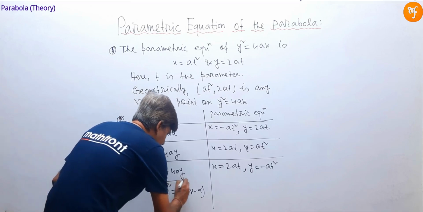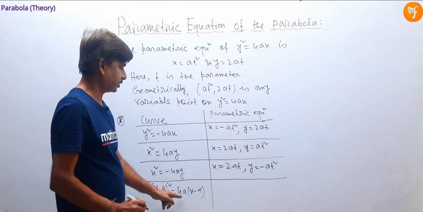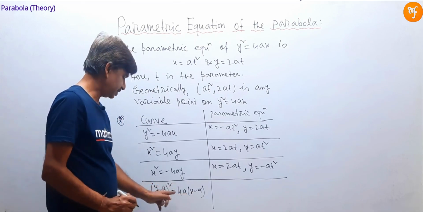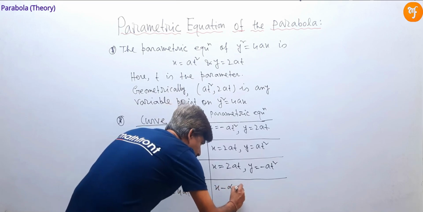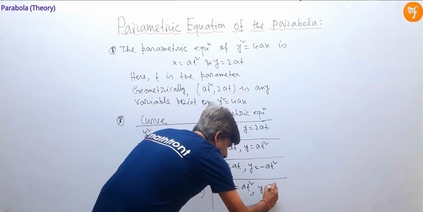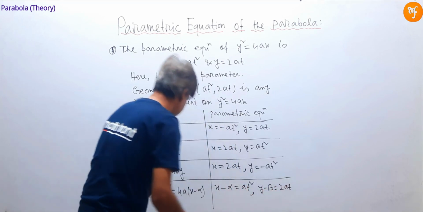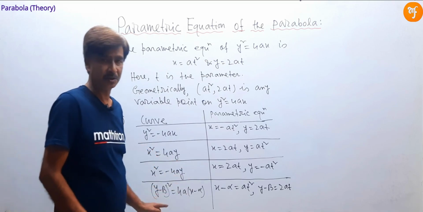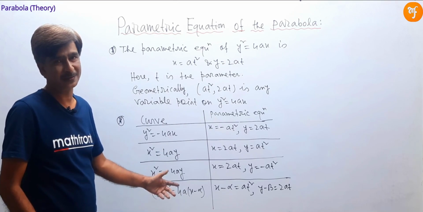Now come to the parabola y minus beta whole square is equal to 4a into x minus alpha. Here x minus alpha is equal to at square and y minus beta is equal to 2at togetherly represents the parametric equation of the parabola y minus beta whole square is equal to 4a into x minus alpha.